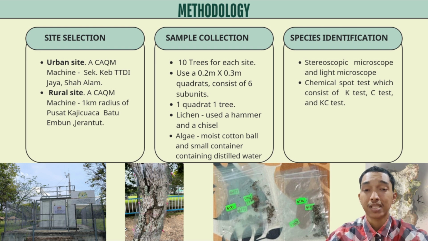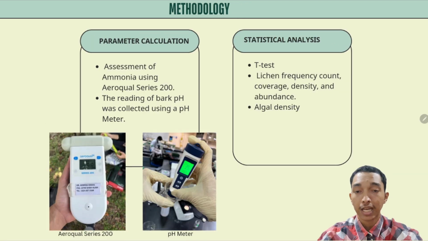And for the species identification, the stereoscopic and light microscope were used. The stereoscopic microscope was used to identify the lichen, and the light microscope was used for algae identification. Next part of the methodology is the parameter calculation, for which two equipments were used.